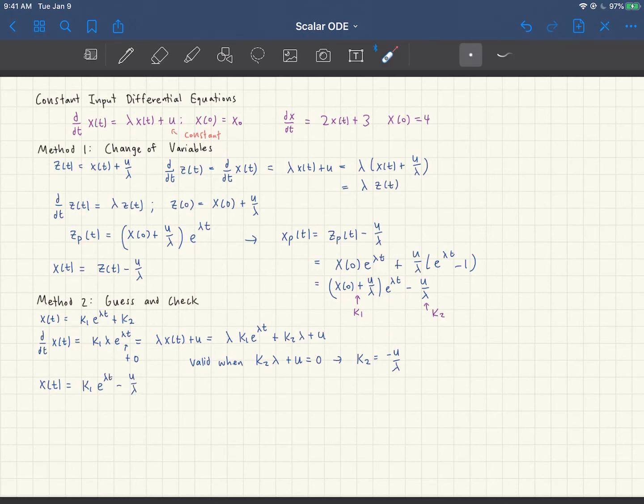Then we plug in the initial condition, x of 0 is equal to x sub 0, and we end up with x of 0 is equal to k1 minus u over lambda, which tells us that k1 is equal to x of 0 plus u over lambda. Plugging k1 back in, we get that x of t is equal to x of 0 plus u over lambda times e to the lambda t minus u over lambda, which matches our solution over here as well.